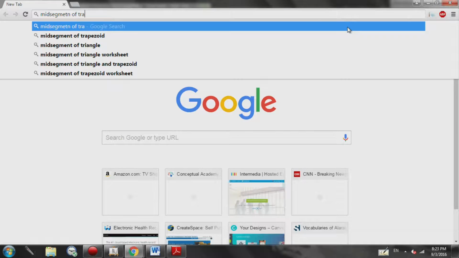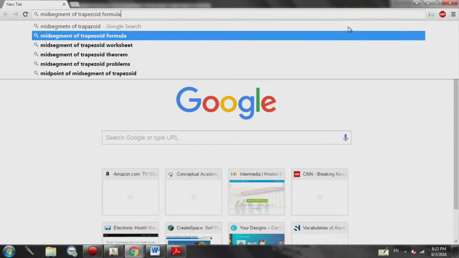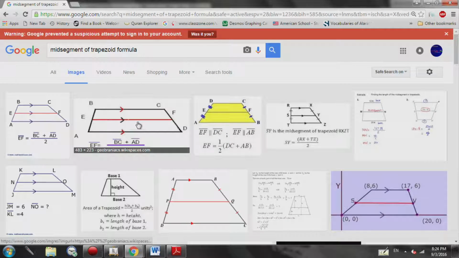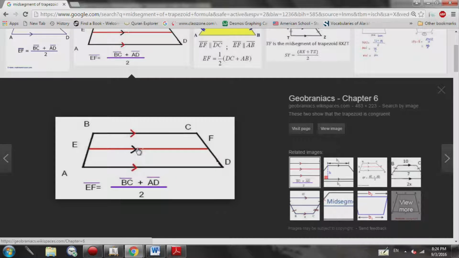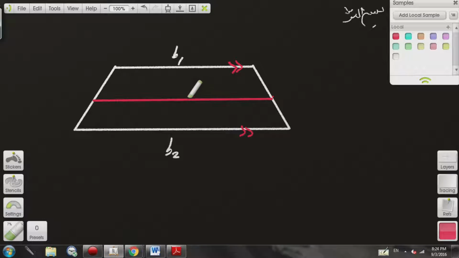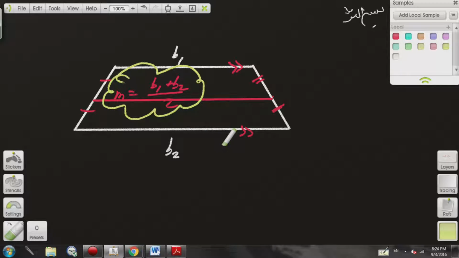Mid segment means it connects the midpoints of the two sides. If you add up the two bases and take the average, you get the mid segment length. This is one thing you have to know about the trapezoid.